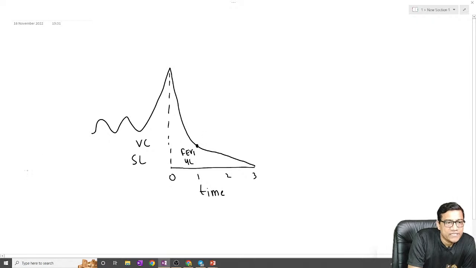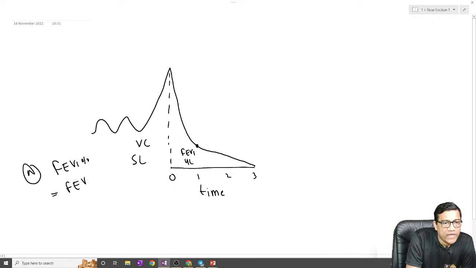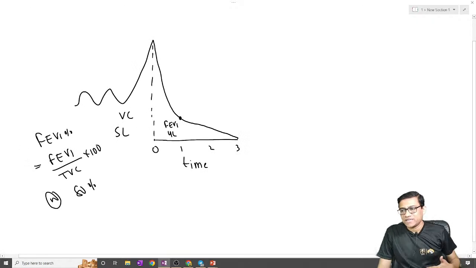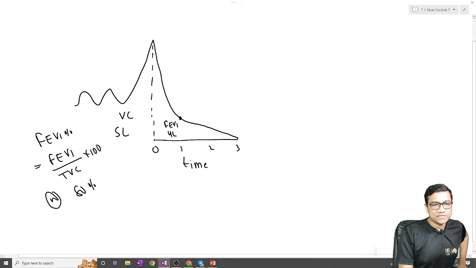So the normal percentage is FEV1 percentage equals FEV1 by FVC into 100, and that is normally 80%. So in a healthy person, 80% of the air comes out in the first second, 4 liter.